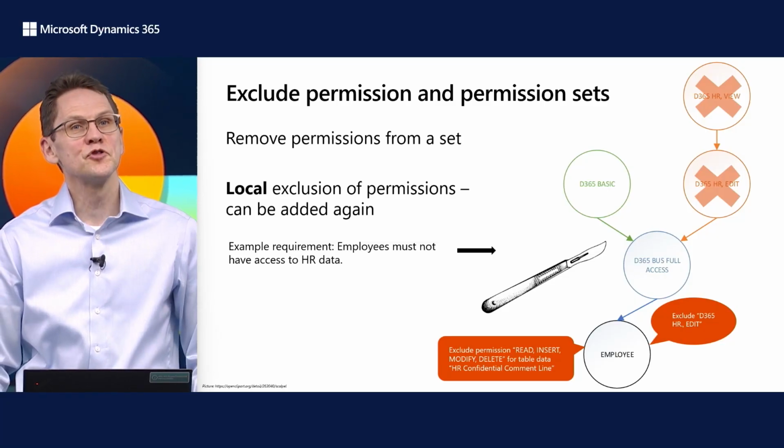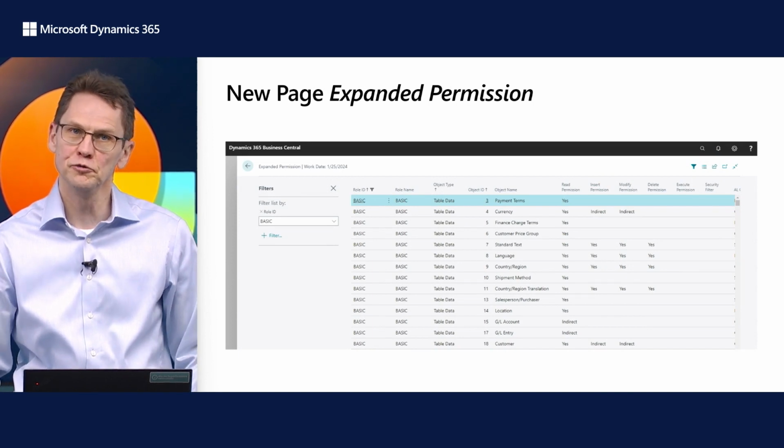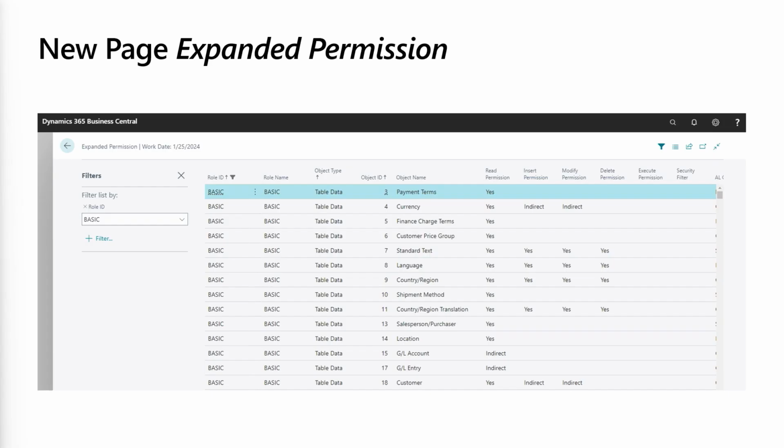But this allows customers to actually remove permissions again if we or the partners did not get the permission sets exactly as they wanted it. So to see the result of this composed permission set, you can use the new page Expanded Permissions, which will display the end result.